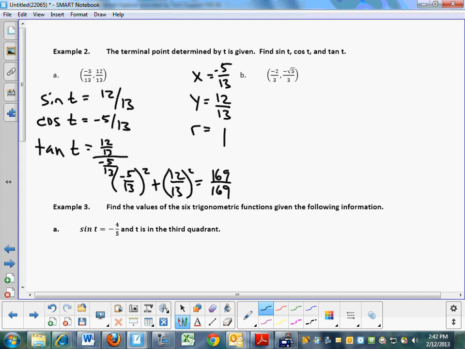What do I do? Multiply by the reciprocal. The 13s cancel. You get negative 12 fifths. Any questions how I got that? Questions going once, twice, thrice.